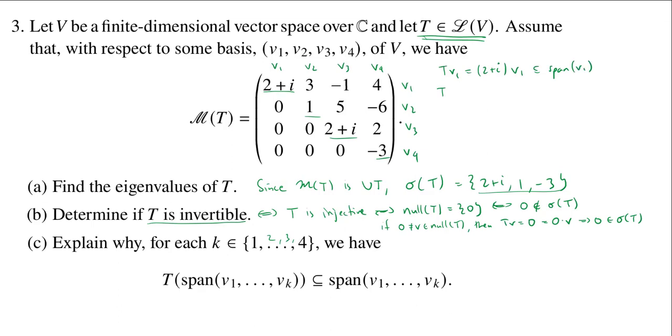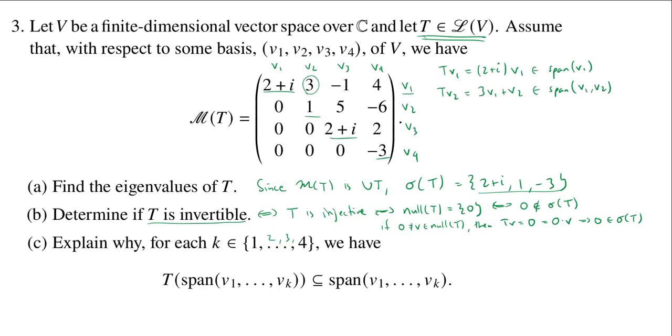And what if I do T v2? Well, T v2 is going to equal 3 v1, coming from this, plus 1 v2. This is an element of the span of v1 and v2.